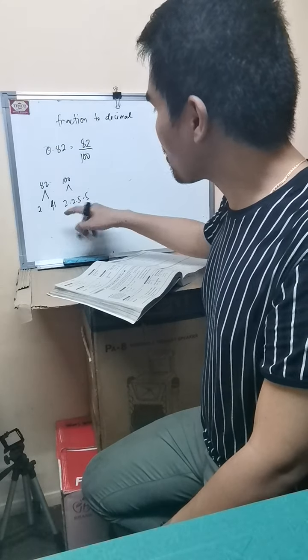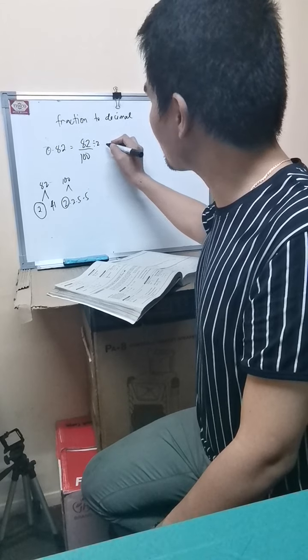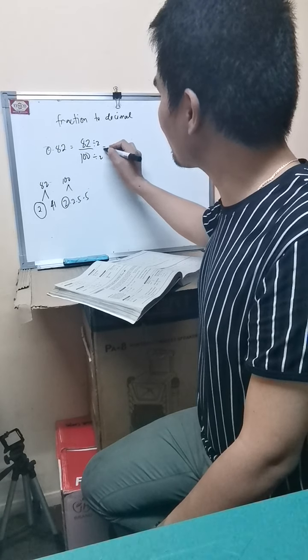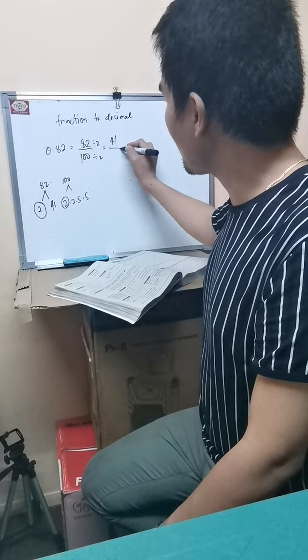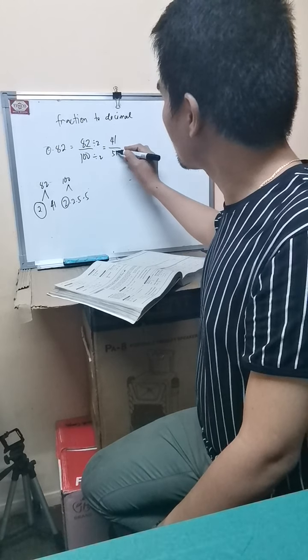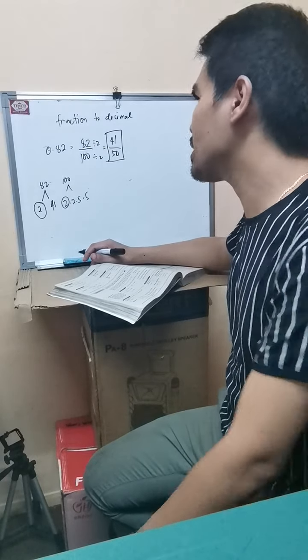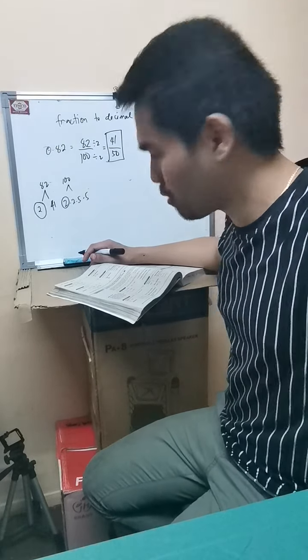And then the greatest common factor is actually 2 here. Therefore, we will divide this one by 2, and divide this by 2. We will get now 41 over 50. So we have now the equivalent of 0.82 as 41 over 50.